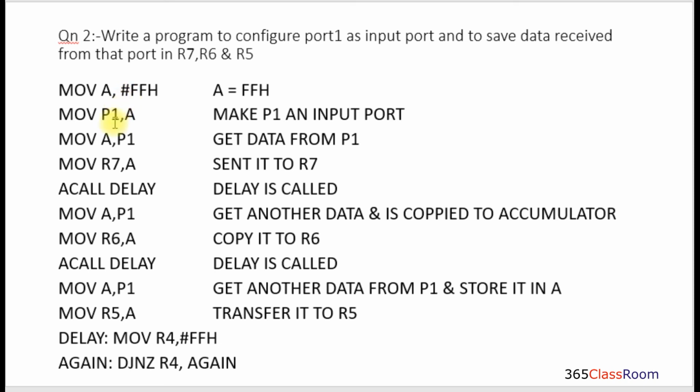For sending a high value by software, you can use MOV A, #0FFH. That means the accumulator will have the value FF, which is 11111111. That data is transferred to P1, so P1 will become an input port.